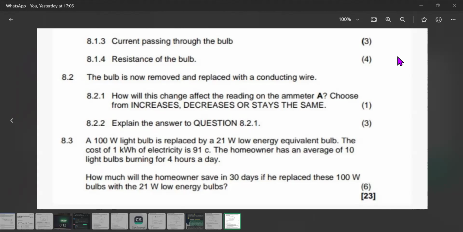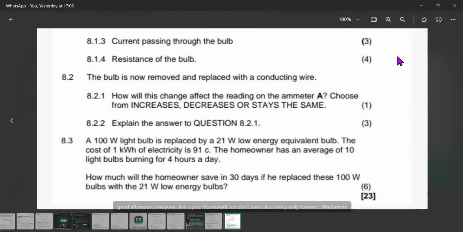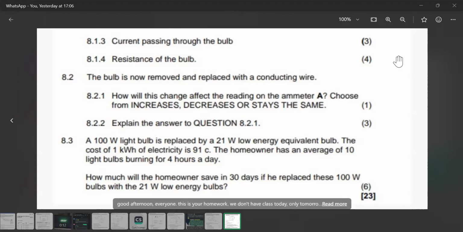The homeowner has an average of 10 light bulbs burning for 4 hours a day. How much will the homeowner save in 30 days if he replaced these 100-watt bulbs with the 21-watt low energy bulbs?